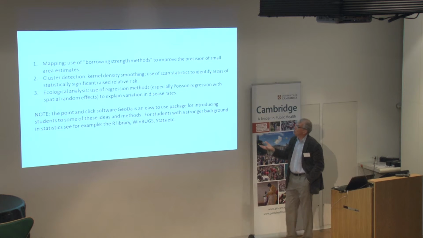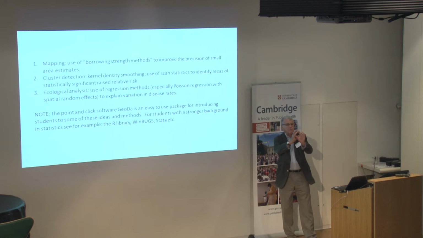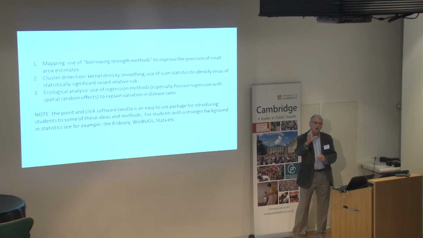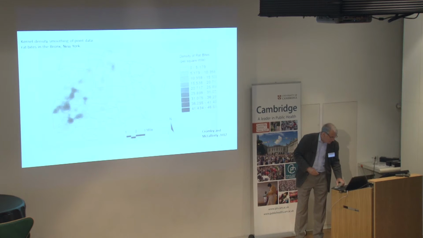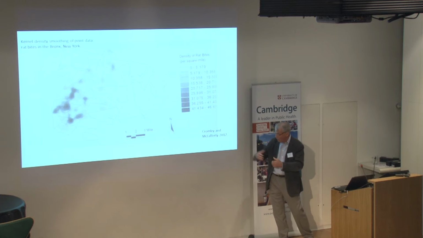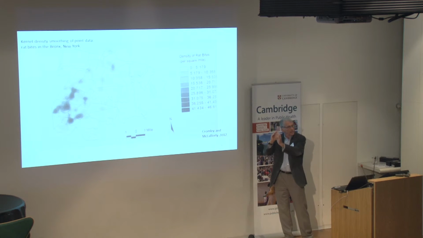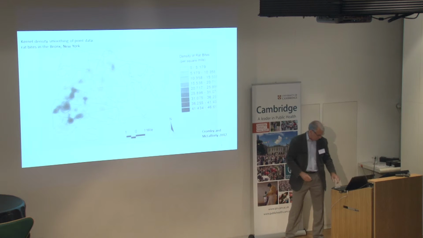Cluster detection methods, including kernel density smoothing and use of scan statistics, typically move small windows across a map, and compute statistics within each of those windows, and then come forward with some summary display of the map pattern. And there's an example of the use of kernel density smoothing to draw out potential clusters of cases from a map. What lies behind that technique is a window smoothing process.